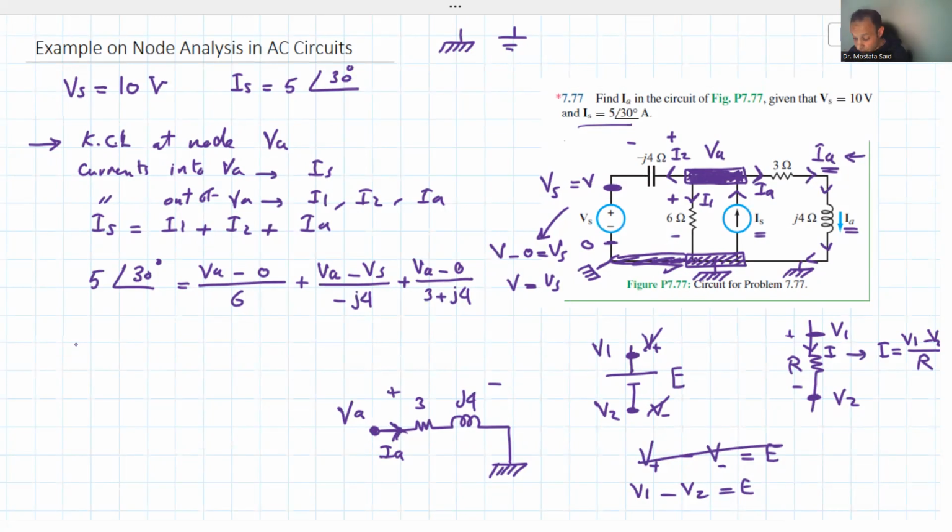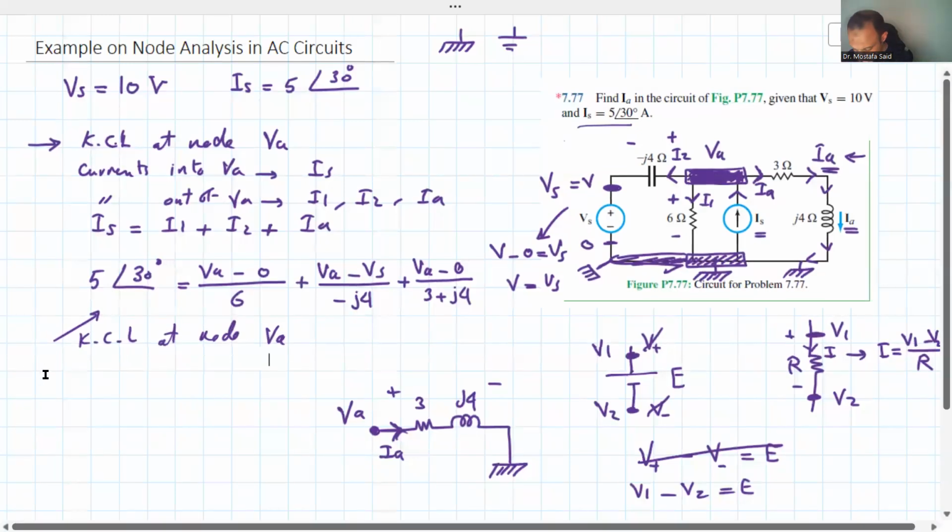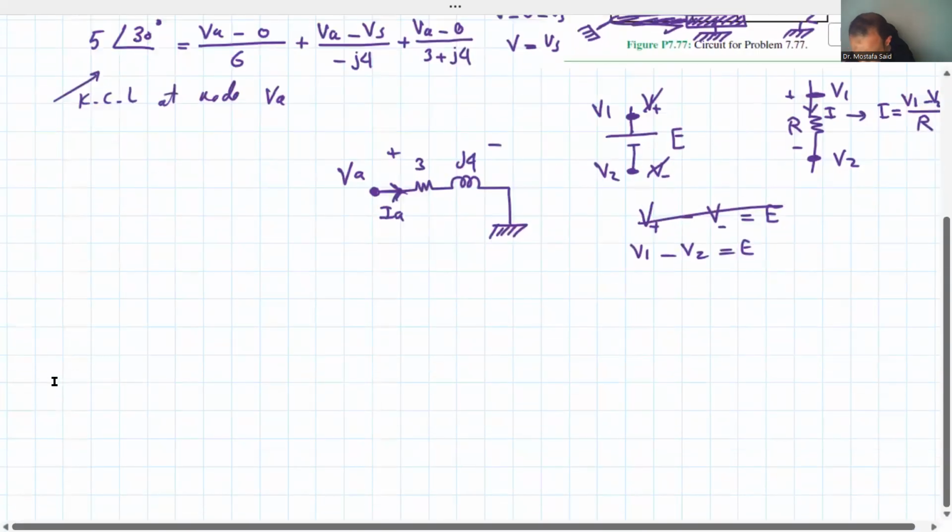Same for I2: it is VA minus node V over the reactance, which is minus J4. And finally, IA is VA minus 0 over 3 plus J4. That's the Kirchhoff current law at node VA. Let's reduce it and make it nicer.